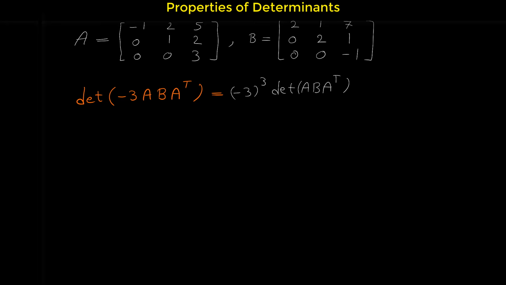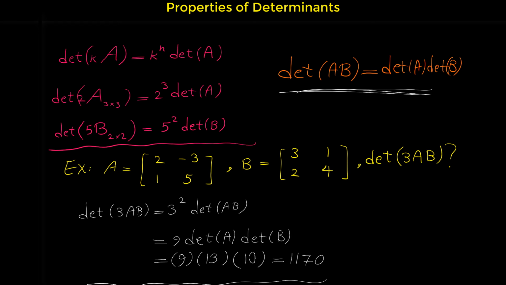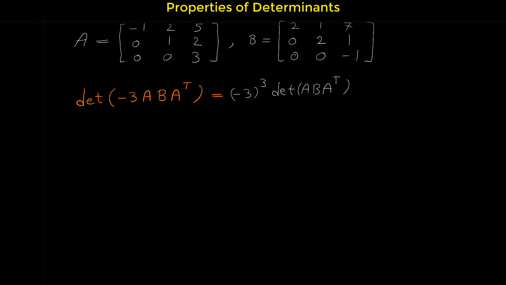Now for finding the determinant of A times B times A transpose, again we use this property. Whenever we multiply two matrices by each other, determinant of A times B equals determinant of the first matrix times determinant of the other matrix. If we use this property here, we can write this as negative 3 to the 3, which is negative 27.